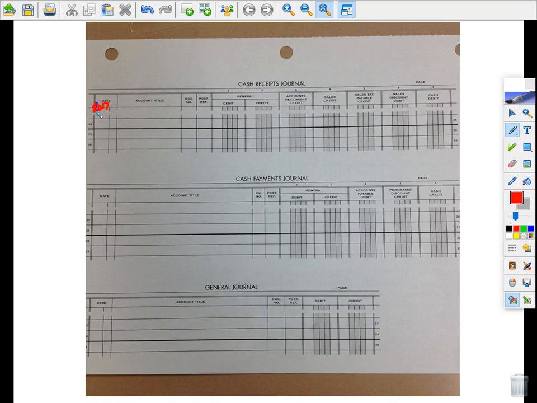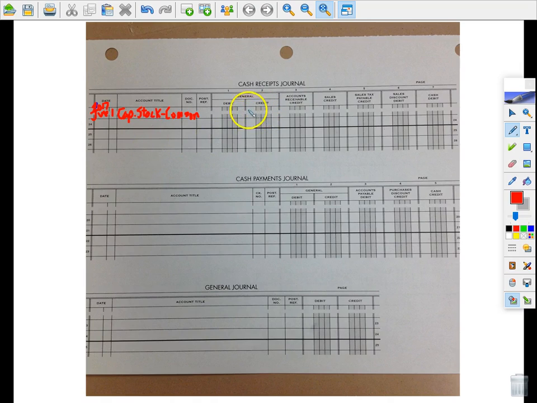And this is June 1st. Okay, so I'm going to abbreviate because I don't have a lot of space, but the account title here is Capital Stock Common. Capital Stock Common, because there will be capital stock known as preferred that we're going to talk about later.